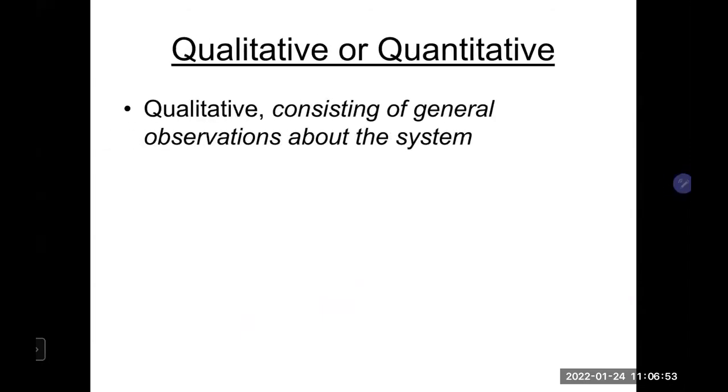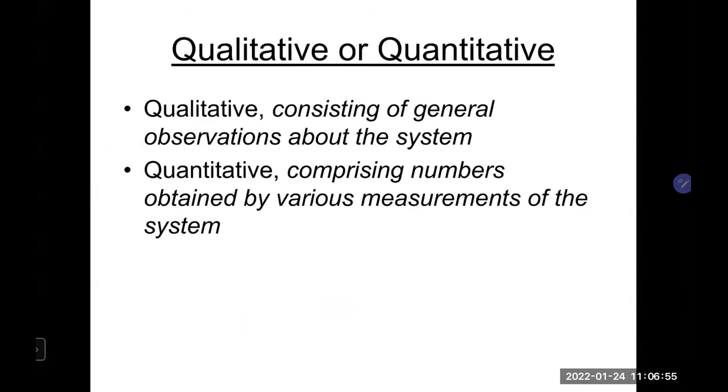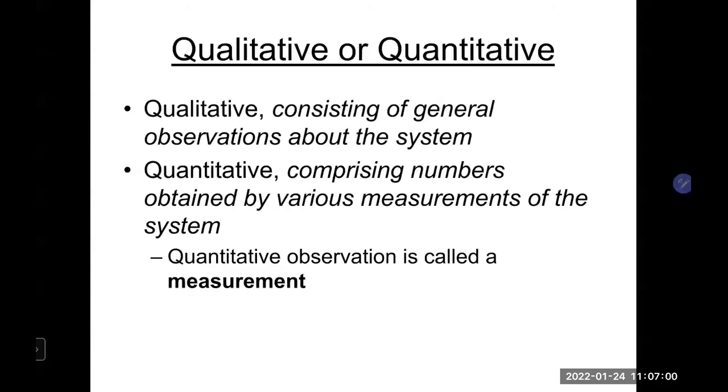All right, so let's talk a little bit about the difference between two types of observations that we look at. Qualitative versus quantitative. Qualitative consists of basically general observations about a system.